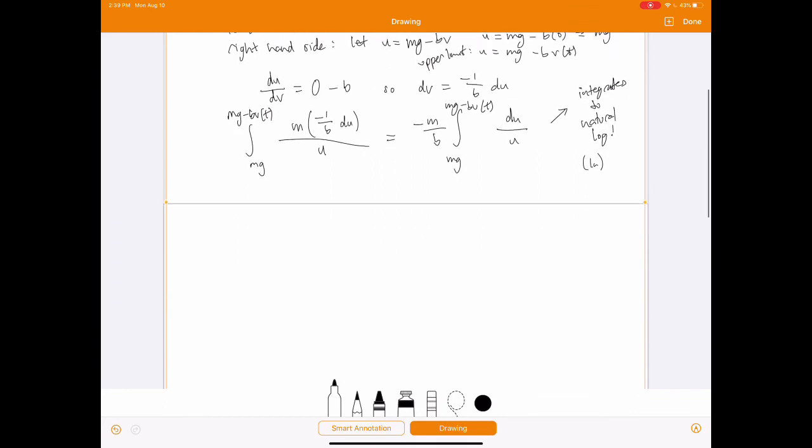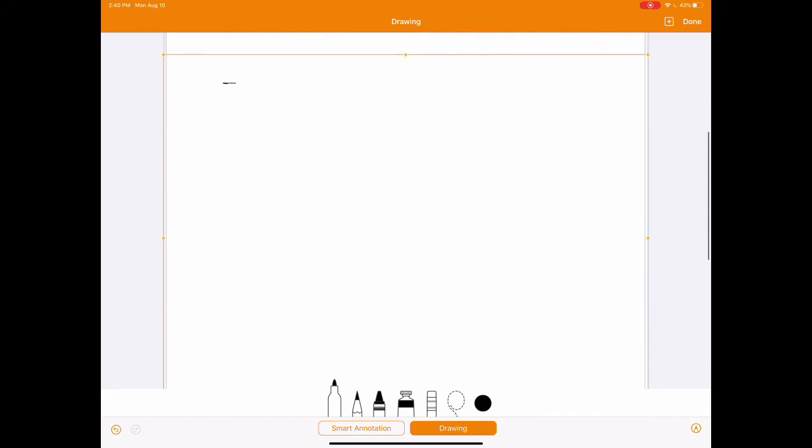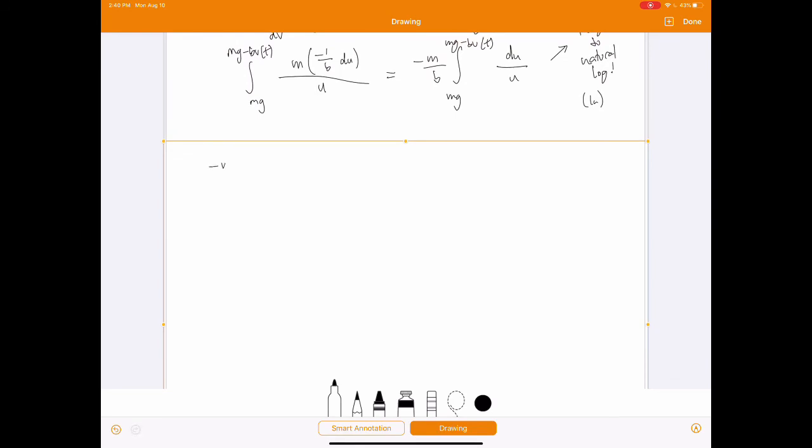All right, so here's what we have. We have minus m over b. This integrates to natural log of u. And we integrate that from mg to mg minus bv.